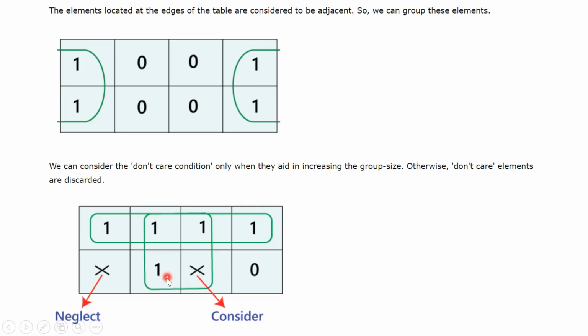One group can be formed, and a second group can be formed by taking elements of an already created group.